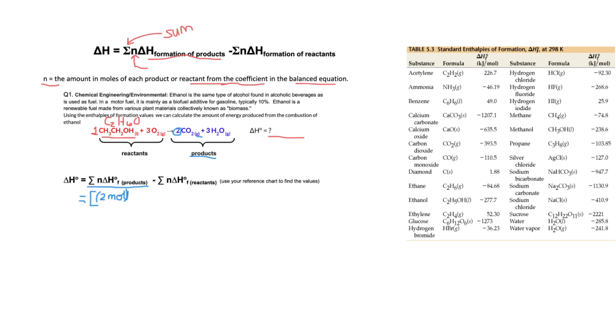Make sure you check the state. Carbon dioxide gas, that's going to be negative 393.5, and the units are kilojoules per mole. So when we actually multiply it by 2 moles, the kilojoules will cancel out.